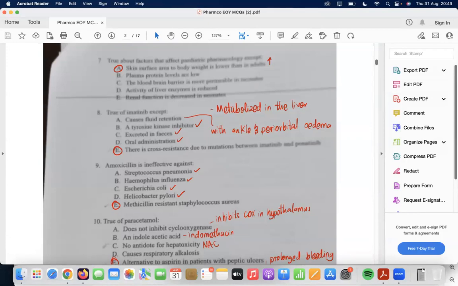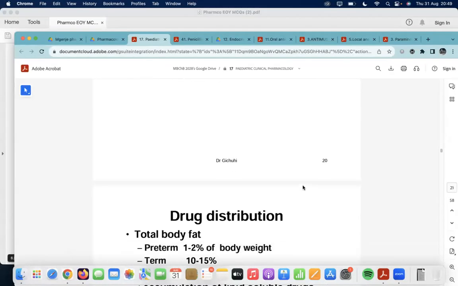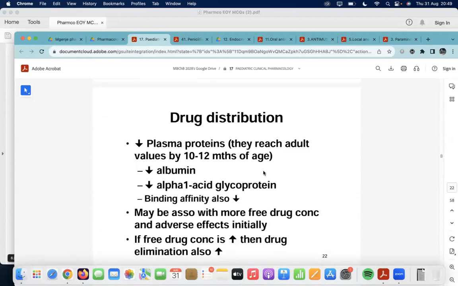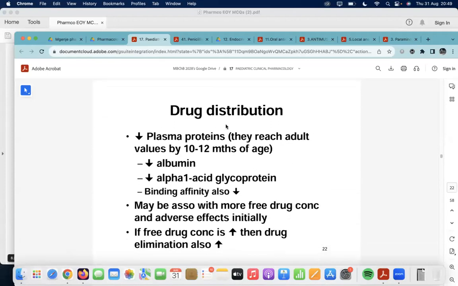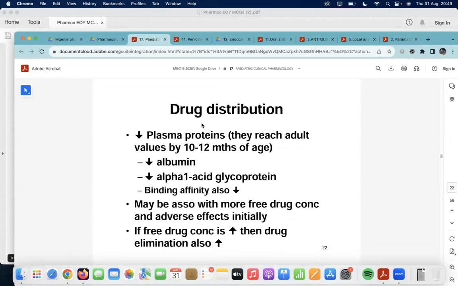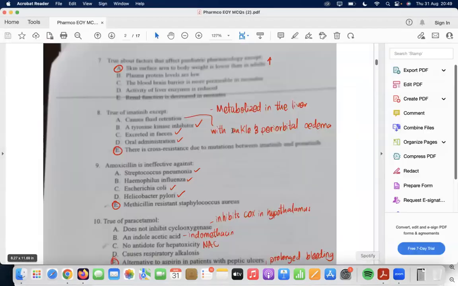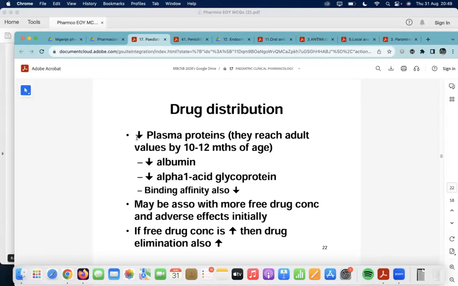So choice B, plasma protein levels are low. The answer to that is in slide 22, drug distribution. The choice is saying plasma protein levels are low in pediatrics. Here it clearly says there are low plasma proteins. They reach adult values by 10 to 12 months of age.